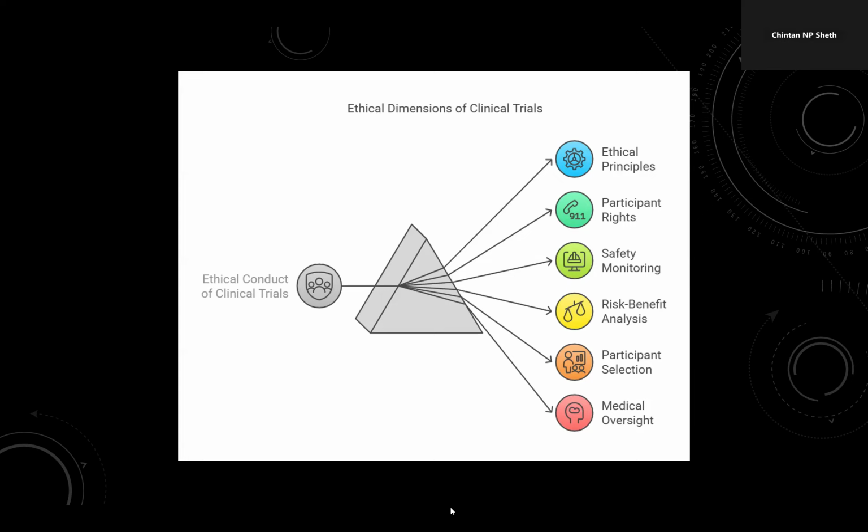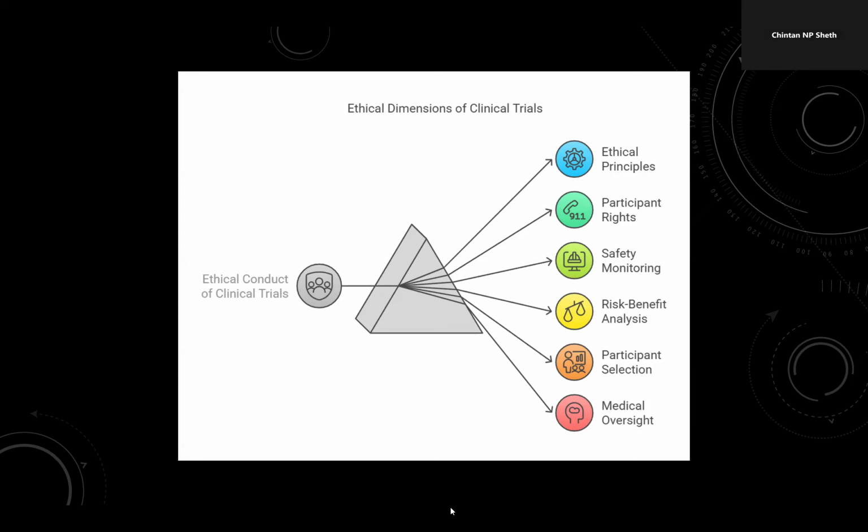A qualified physician, or when appropriate, a qualified dentist or healthcare professional in accordance with local regulatory requirements, should have the overall responsibility of trial related medical care and medical decisions on behalf of participants.